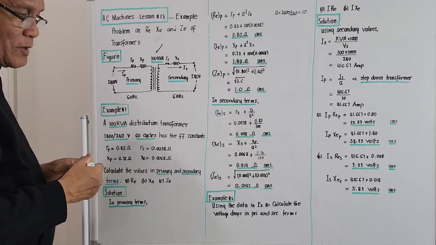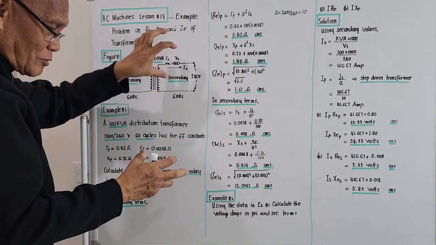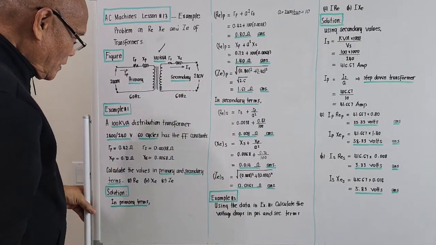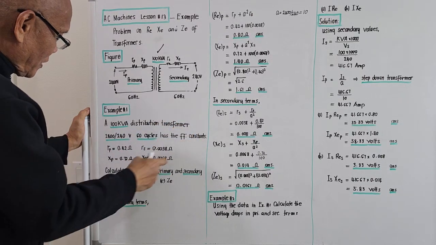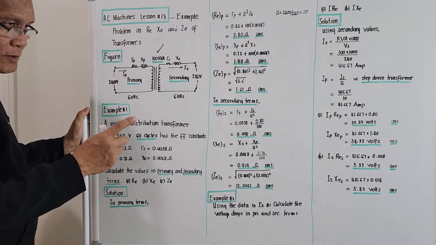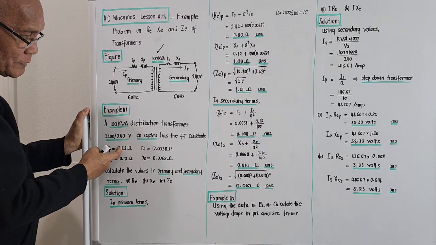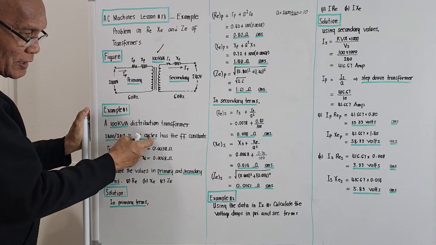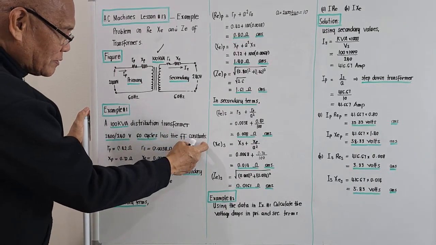Okay, I will try to read the problem. So the figure of the verbal problem is this one. A 100 kVA distribution transformer, with the voltage rating 2400/240, 60 cycles, meaning 60 Hertz, has the following constants.